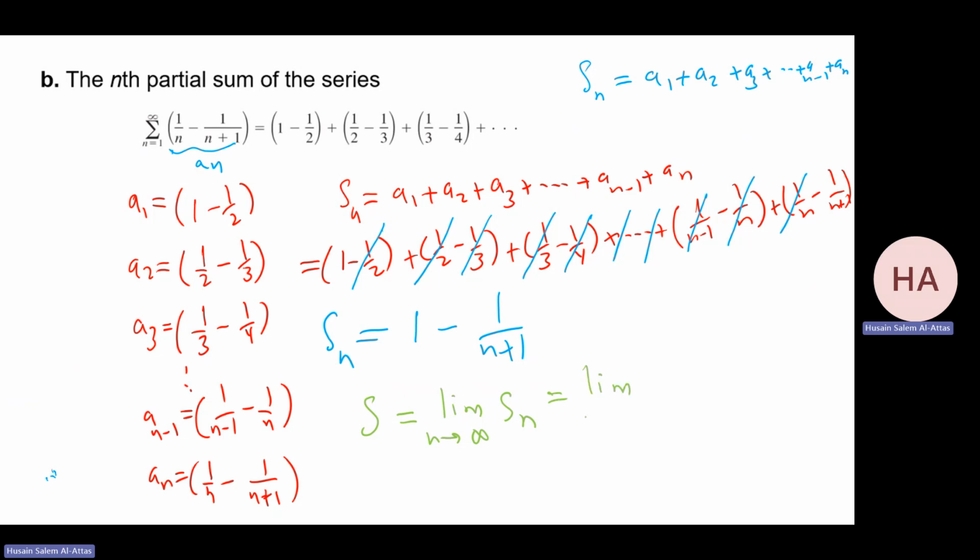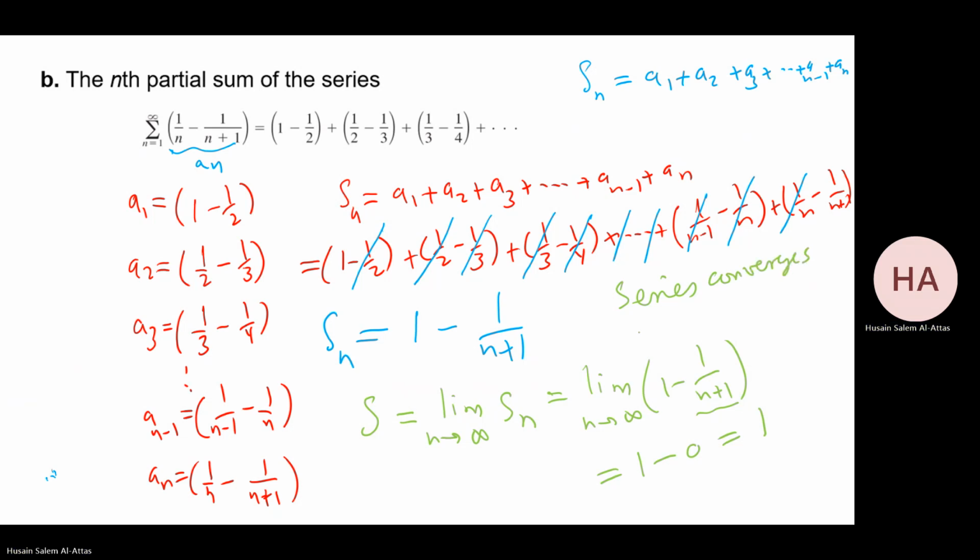The limit as n goes to infinity of 1 minus 1 over n plus 1. And that is what? 1. What is the limit of 1 over n plus 1? 0. So that will be 1. So the series converges, and its sum, not limit, its sum, is S, which is 1. That will be the conclusion.